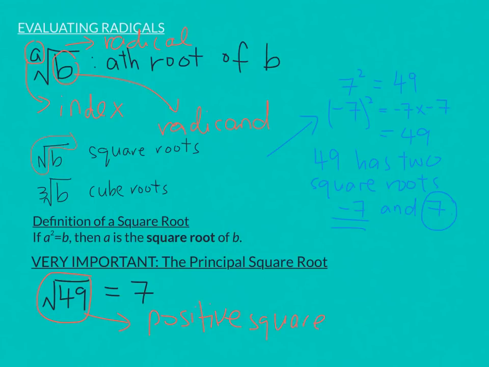So if you write that the square root of 49 gives you positive or negative 7, that is incorrect, because we are only looking at the principal or positive square root of 49. Do make sure that you remember this.